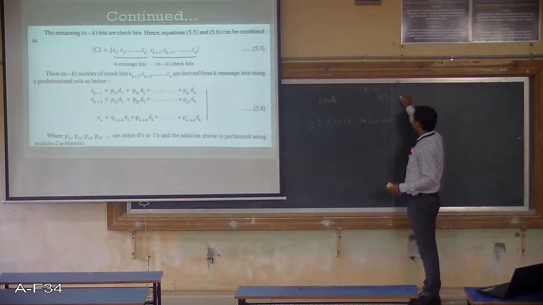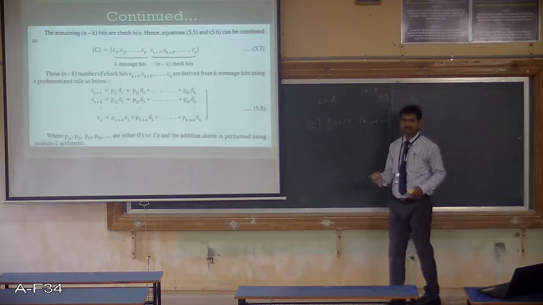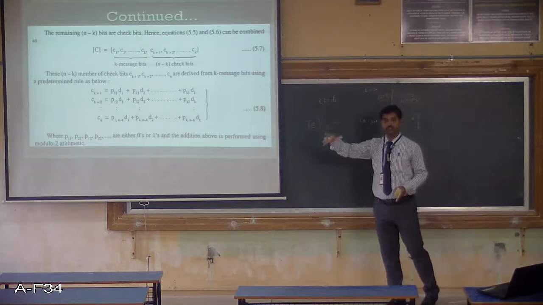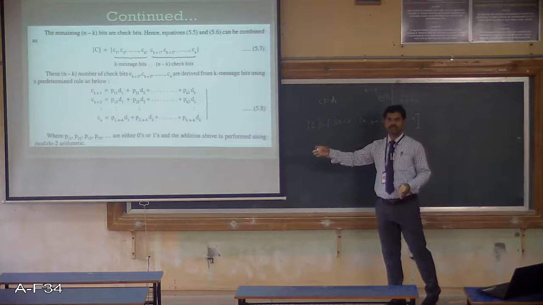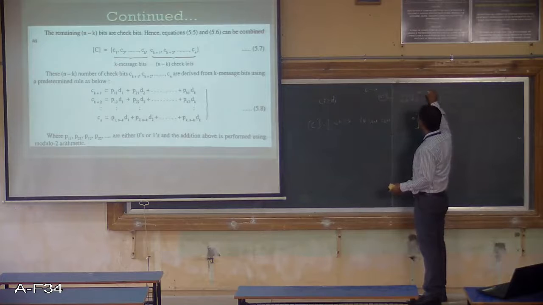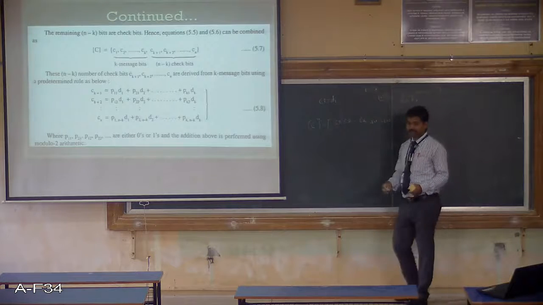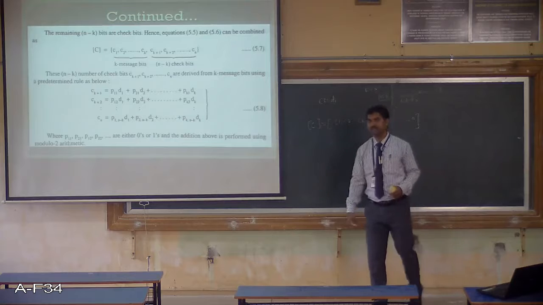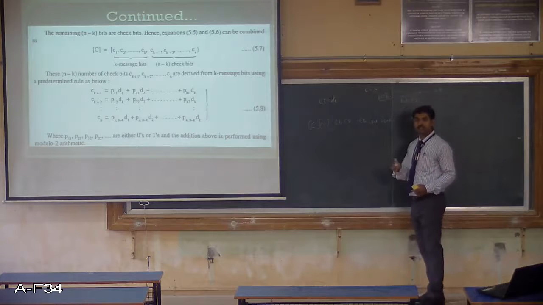So initially C1, C2, C3 are equal to D1, D2, D3, same as D. How to define C4 to C8? C4 to C8 are the additional check bits. What is the length of that? The length is n minus k.